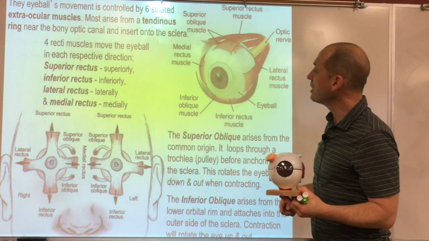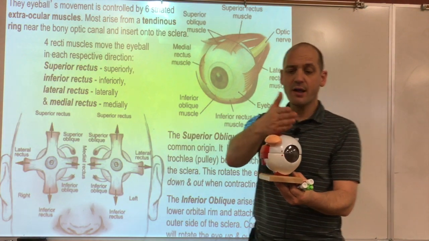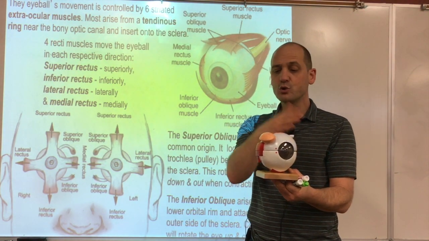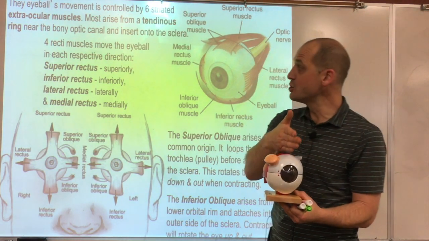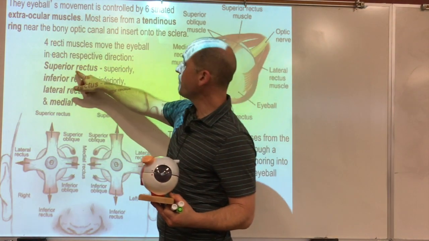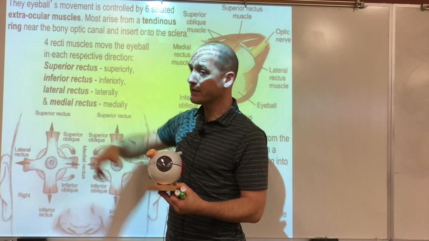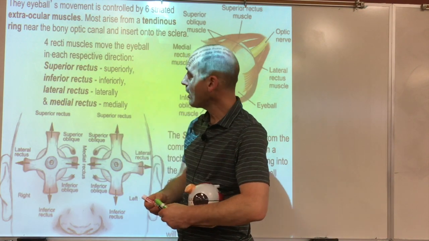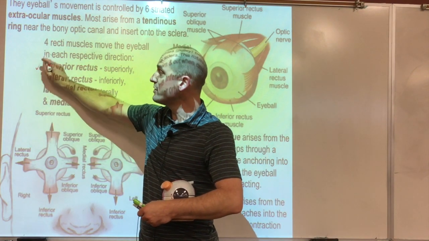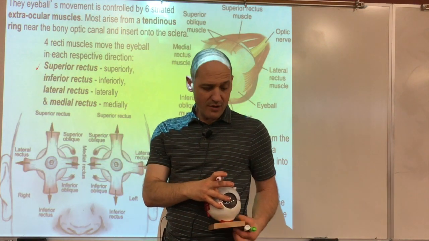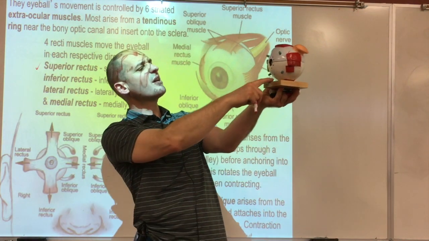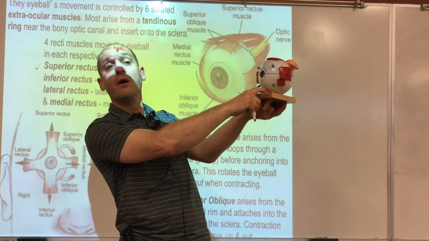So then we have 4 muscles that are laid down parallel. We've got one on top, we call that the superior. That muscle is a straight muscle, goes straight back, it's parallel, so we call that the rectus. Rectus means straight. So on top is the superior rectus muscle. Then one on the bottom, right down here, the inferior rectus muscle.